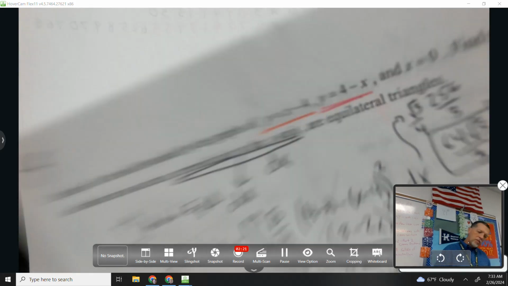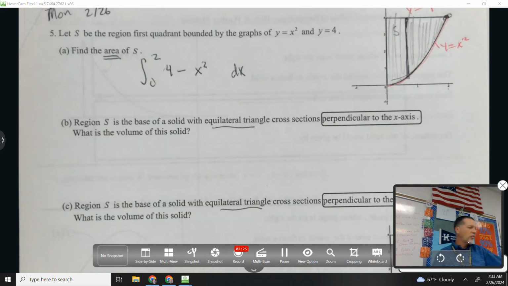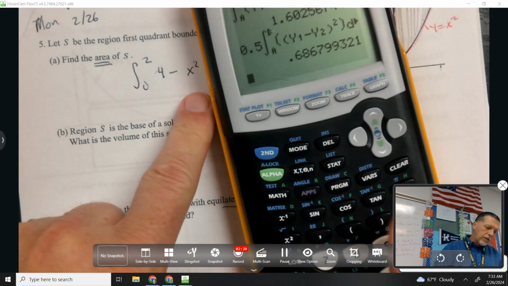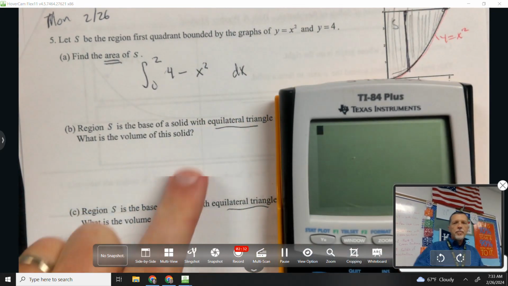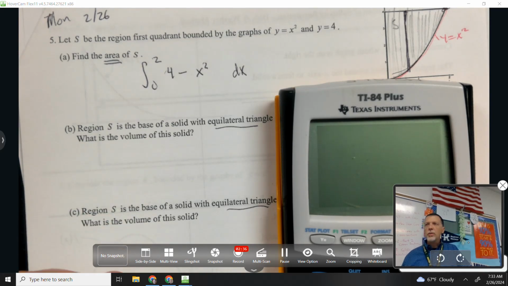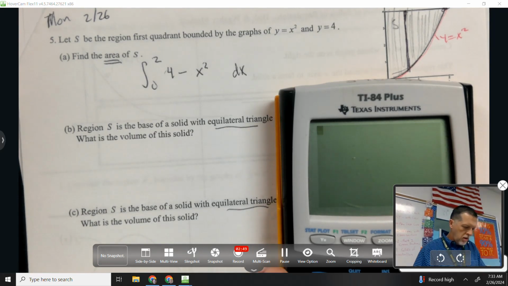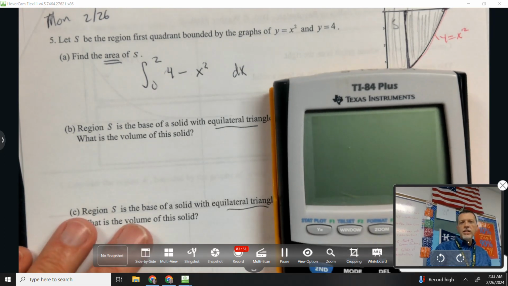Now this didn't specify calculator or no calculator, and so our default for this section is use a calculator. This one wouldn't be too hard without a calculator, but let's use a calculator because B and C are going to be kind of weird. Let's see, it's been a weekend.